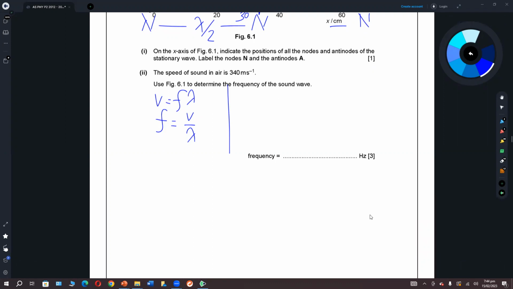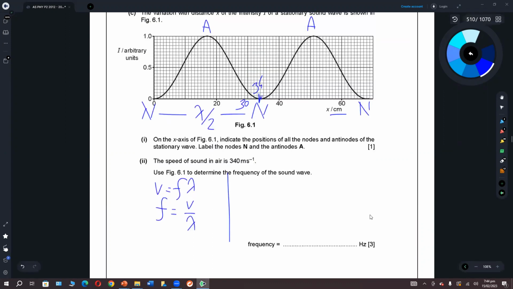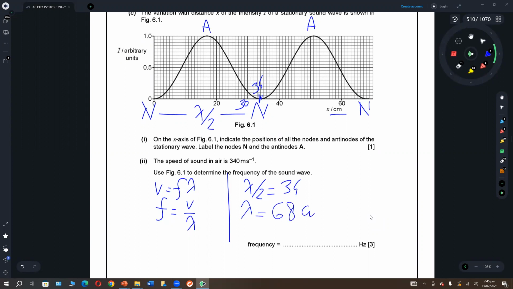Sorry, I lost the connection for a second, and we were here, and I had found that the separation is 34. What should I do now? So we'll half it. Look, the calculation. Okay, we'll double it. Yes. Now you have to remember, it is in centimeter.